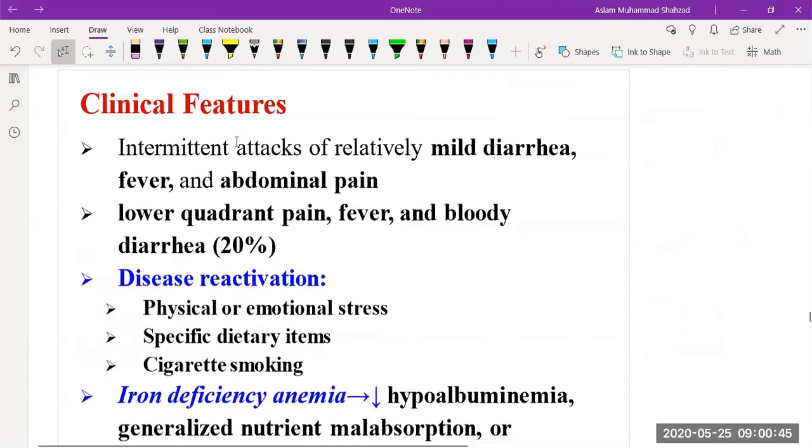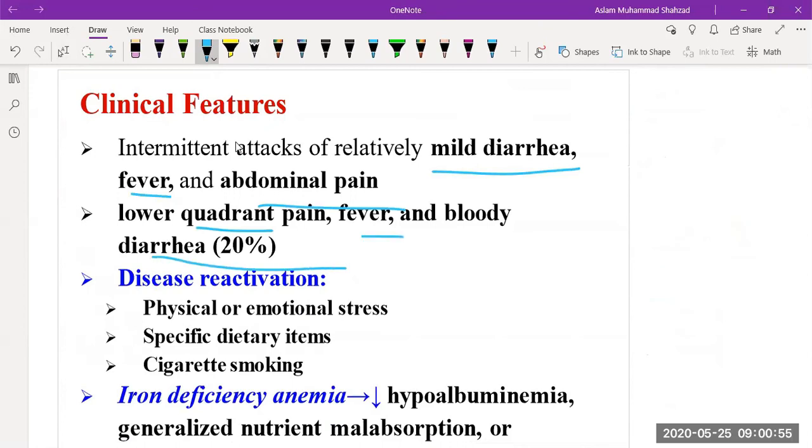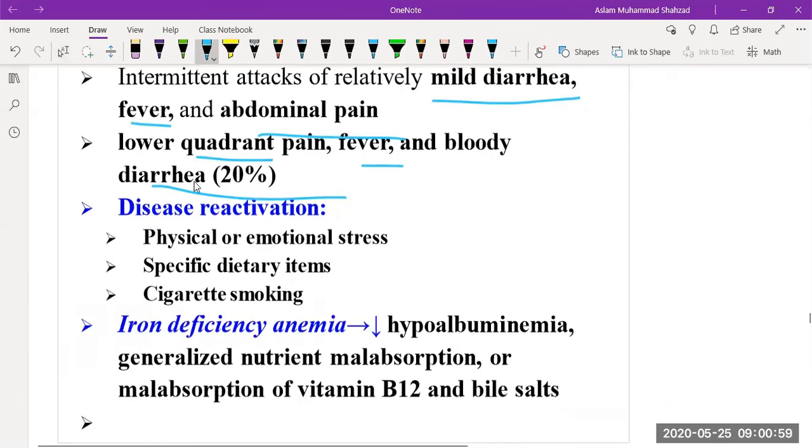The clinical features consist of intermittent attacks of mild diarrhea, fever, abdominal pain, lower quadrant pain, especially fever, and bloody diarrhea in 20% of cases. Disease reactivation occurs because of stress, such as physical or emotional stress, or dietary items, or smoking.